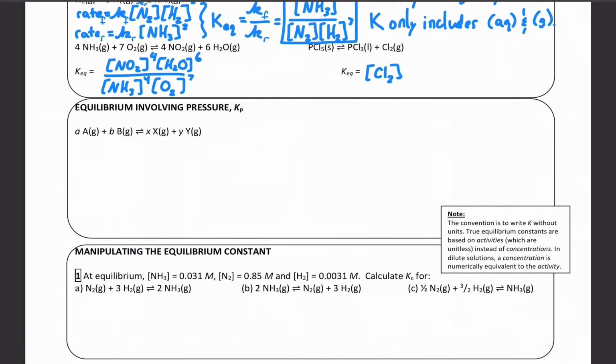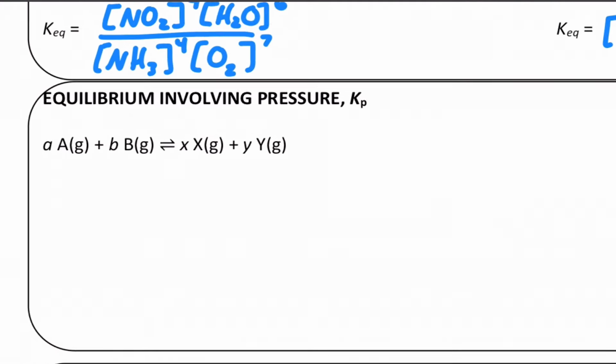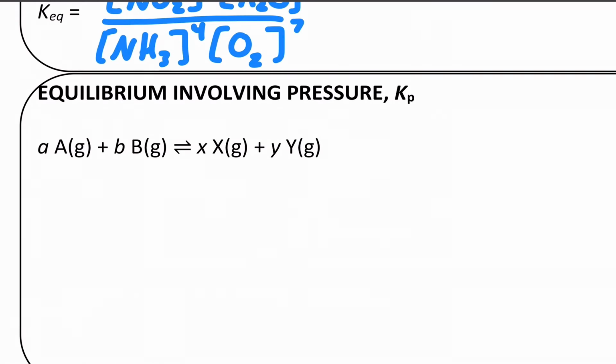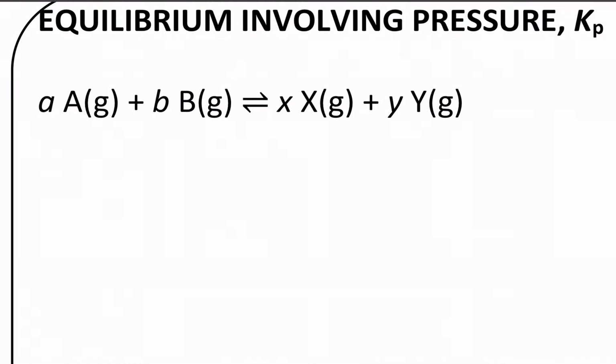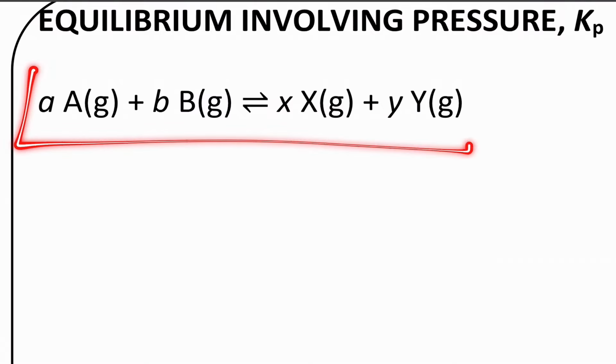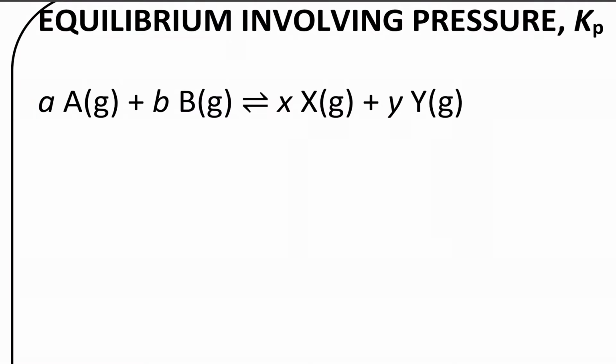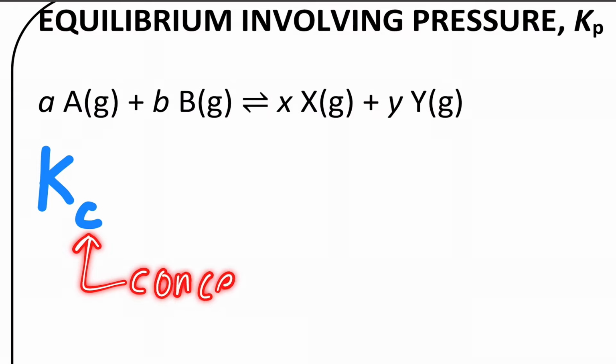All right, we just said a moment ago that we sometimes have expressions with gases, and there is an expression that's in terms of pressure, and I'll show you what you do when you have pressure. So if I wanted to write the equilibrium constant for some generic reaction, A plus B goes to X plus Y, we can write an equilibrium constant in terms of concentrations, Kc, meaning in terms of concentration.